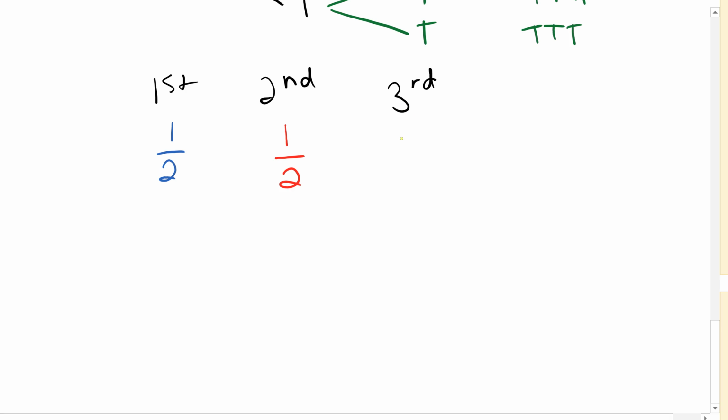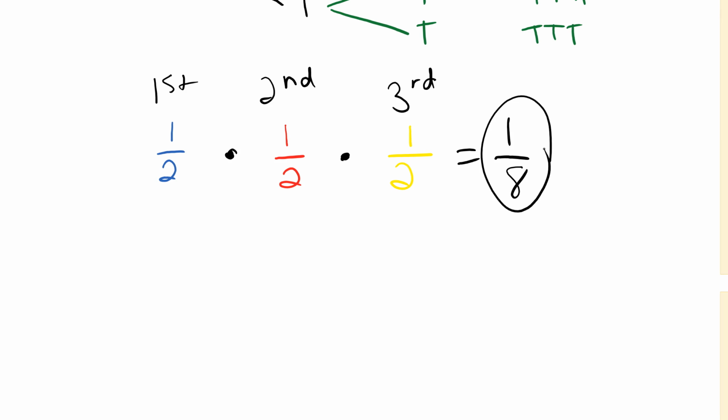The probability of getting a tail the third time is also 1/2. Since we want this to happen, and this to happen, and this to happen, an "and" means we're going to multiply. So I take 1 times 1 times 1, giving me a 1, and 2 times 2, which is a 4, times another 2, which is an 8. I still come up with that 1/8.